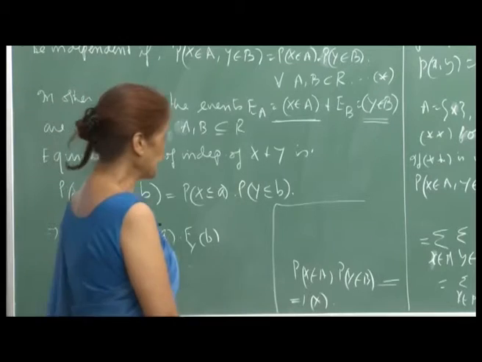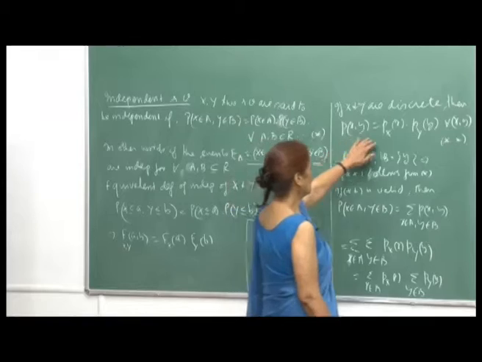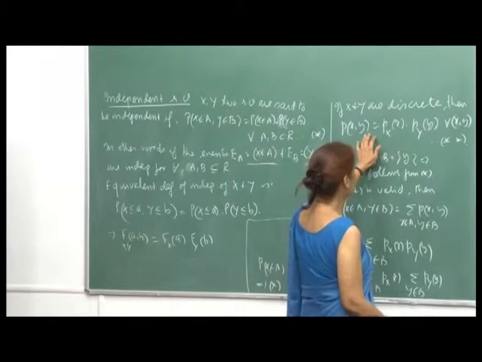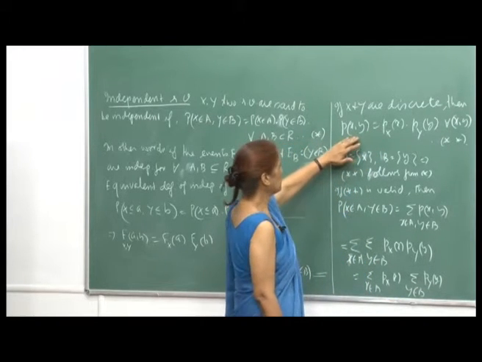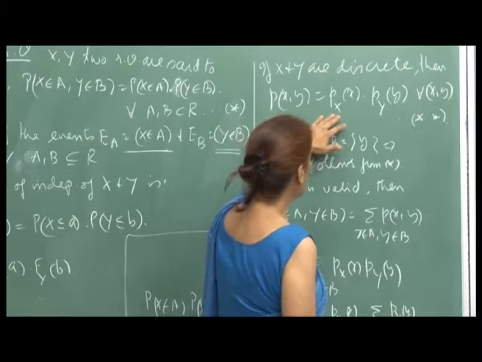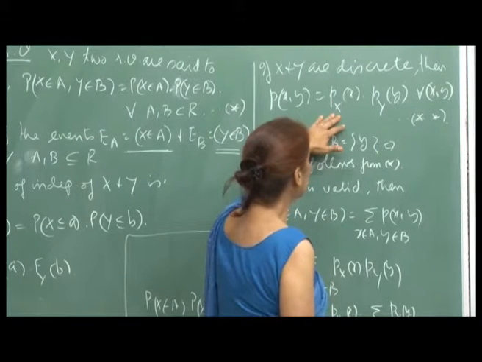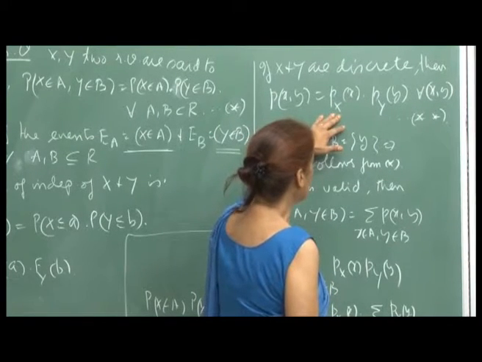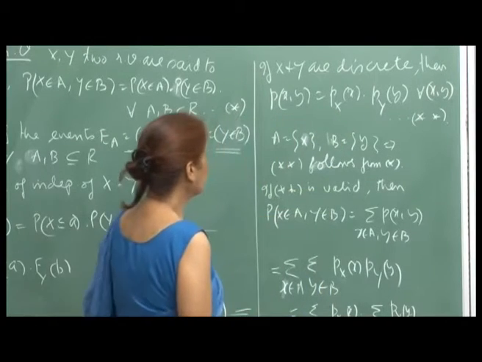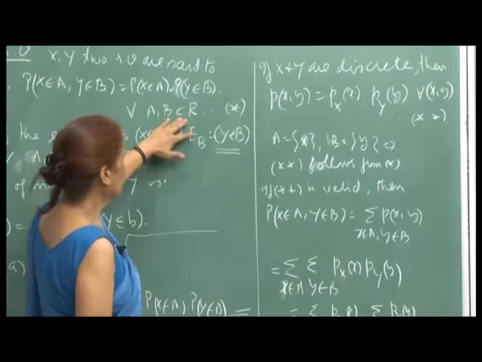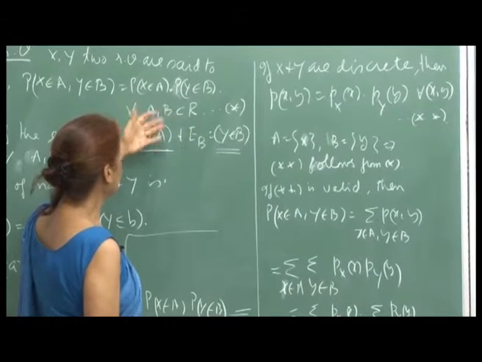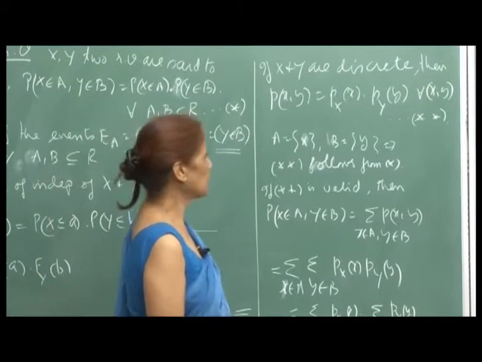Now, if X and Y are discrete, then an equivalent way of writing it is p(x, y) = p_X(x) times p_Y(y). That means individual probabilities for all x, y, and surely this definition and the earlier definition are the same, because the earlier one is the general one which covers both continuous and discrete.